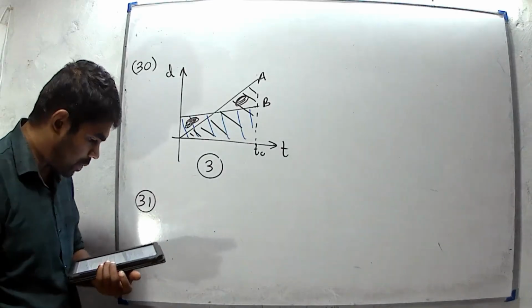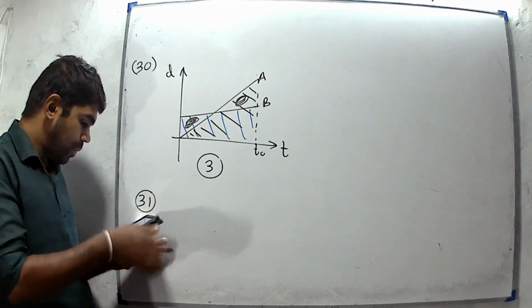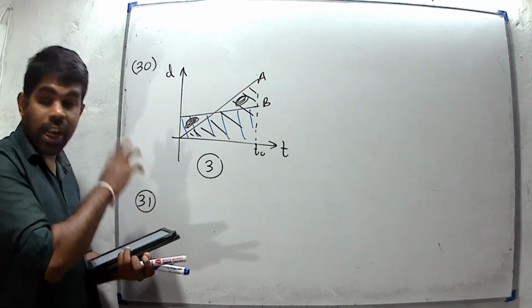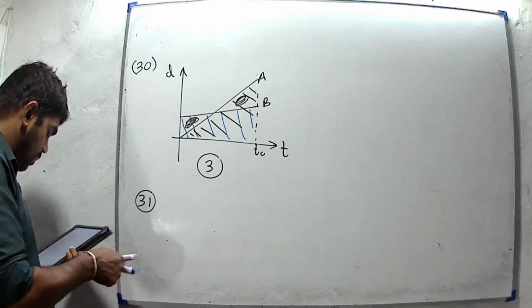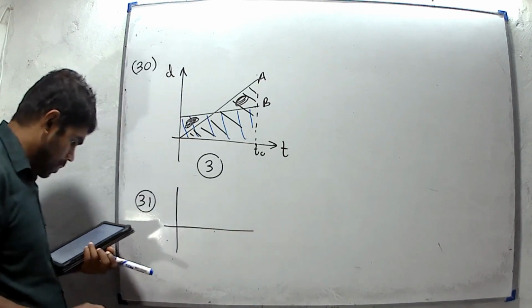We know that for the motion they have represented, the initial and final positions of the cars are the same. It means the gradient of the velocity time graph should be the same.